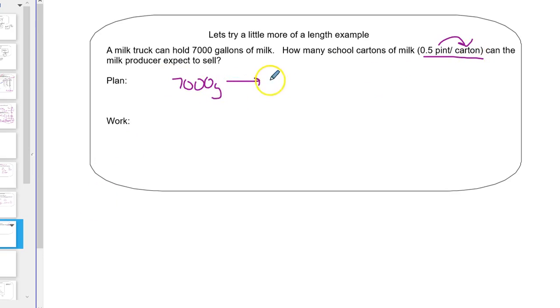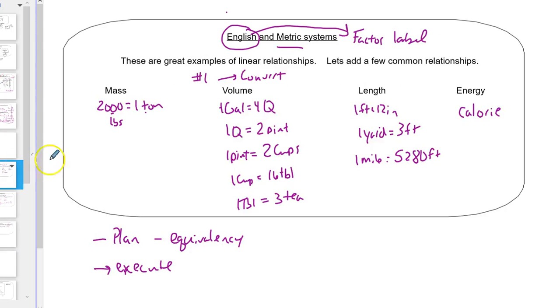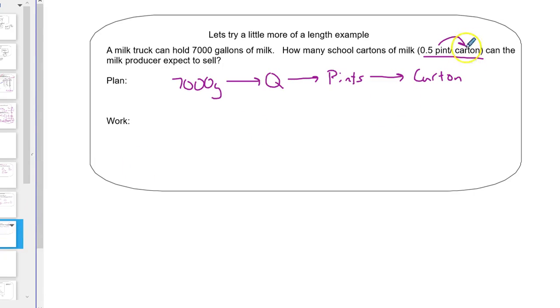So I'm going to go gallons to quarts, quarts to pints, and pints to cartons. I think I know what my equivalencies are. I'm going to use this equivalency right here, this equivalency right here, and then this equivalency right here. Let's set it up.